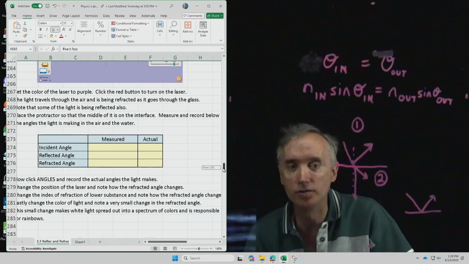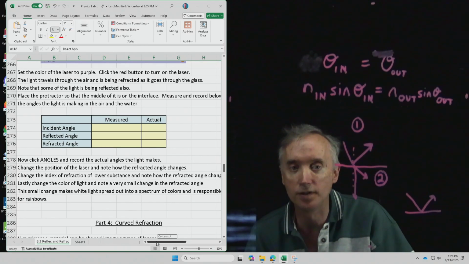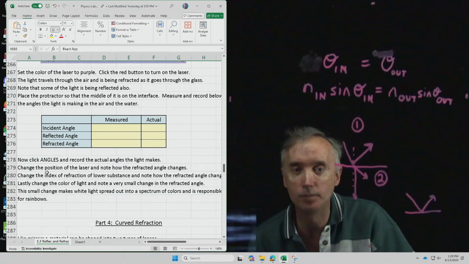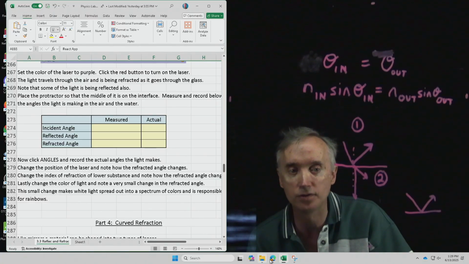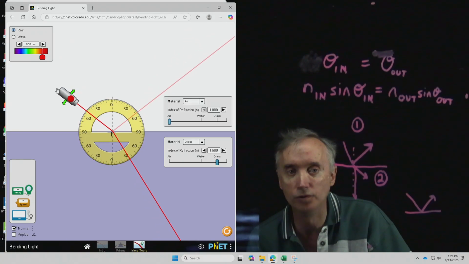Okay, then I want you to try some different things here. So it says change the position of the laser, so if we go back to the lab, you can grab the laser and you can move it.